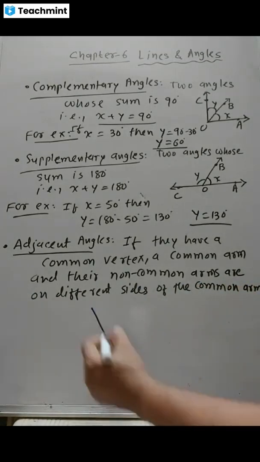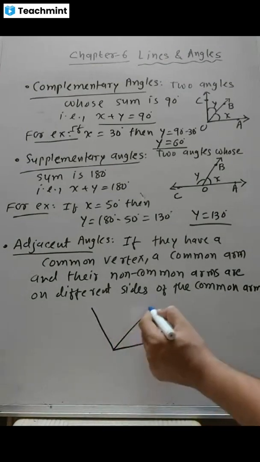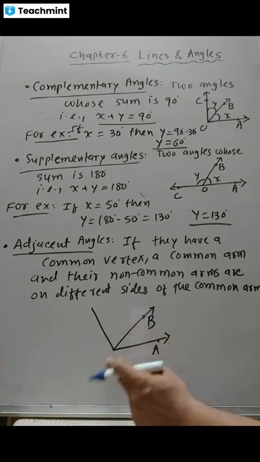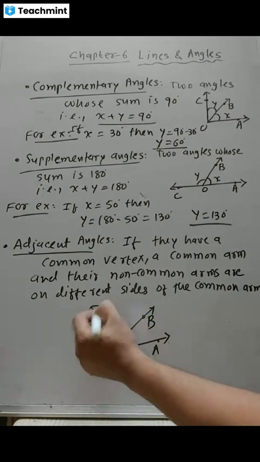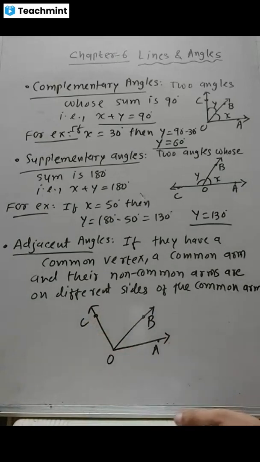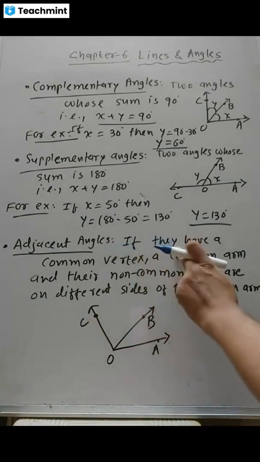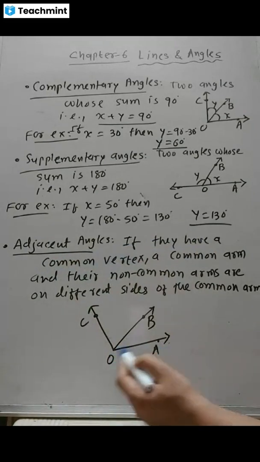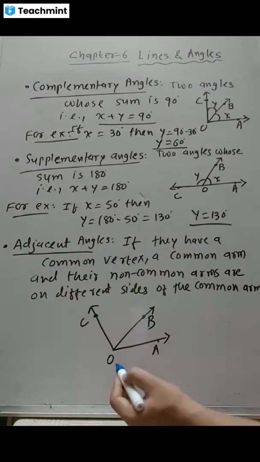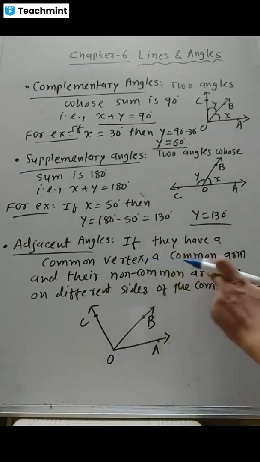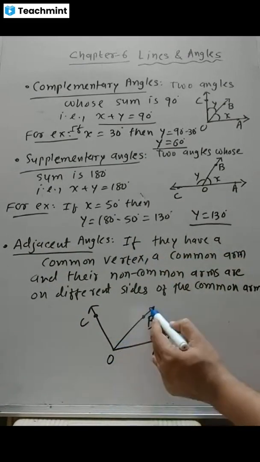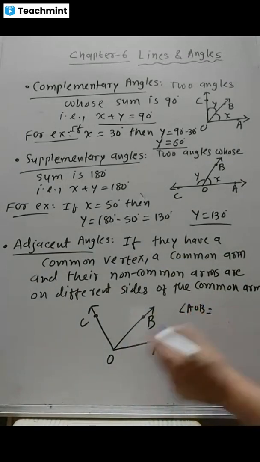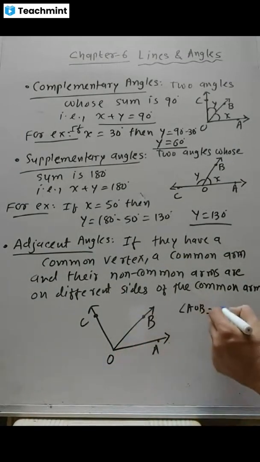Suppose these two angles are adjacent angles: angle AOB and angle BOC. Do they have a common vertex? Which one? O. Angle AOB and angle BOC, the common vertex is O. Which is the common arm? Ray OB. Angle AOB has ray OA and ray OB.